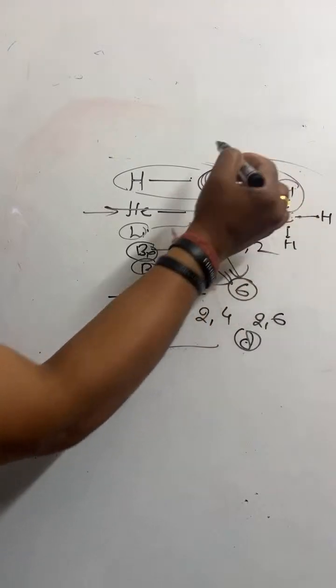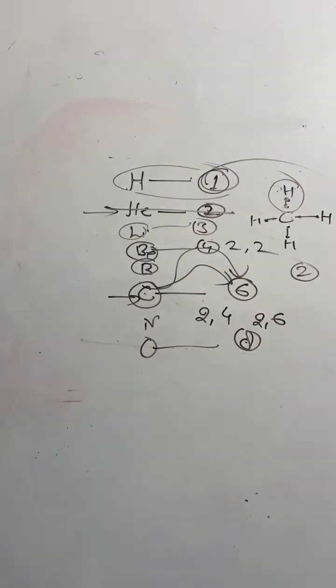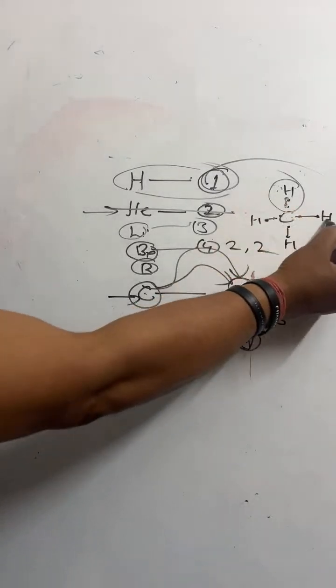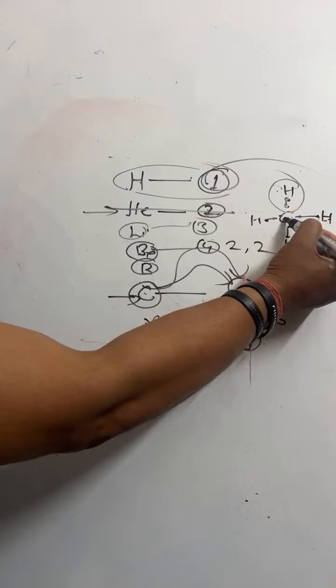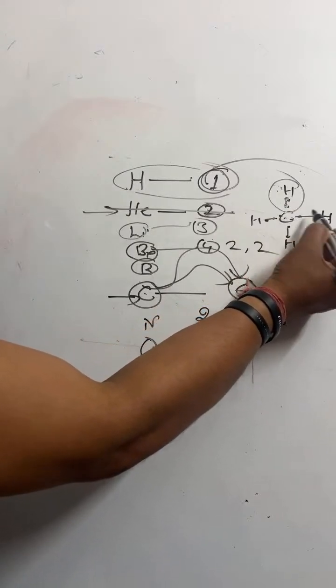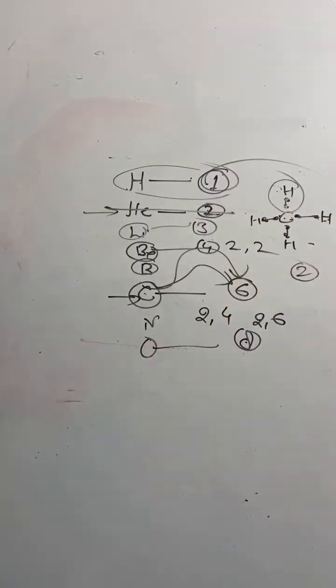Now hydrogen is satisfied, because according to Bohr's theory, the first orbit gets 2 electrons, so it becomes happy. In the same way, this hydrogen will do, and this hydrogen will do. Hydrogen is not giving its electron completely to the carbon, and carbon is also not giving completely to the hydrogen. They are sharing these electrons with each other.